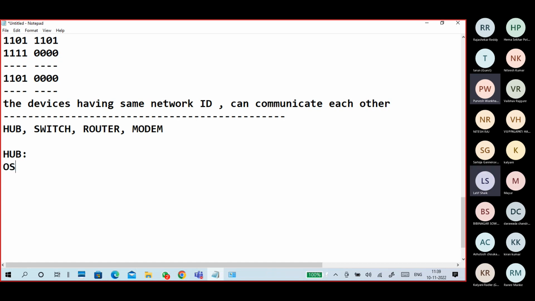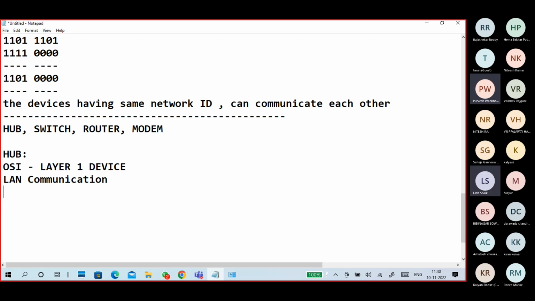As per OSI layer, Hub is a layer 1 device, of course. Where we use LAN communication only.